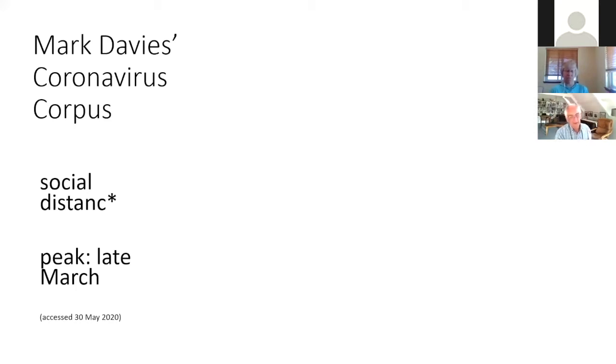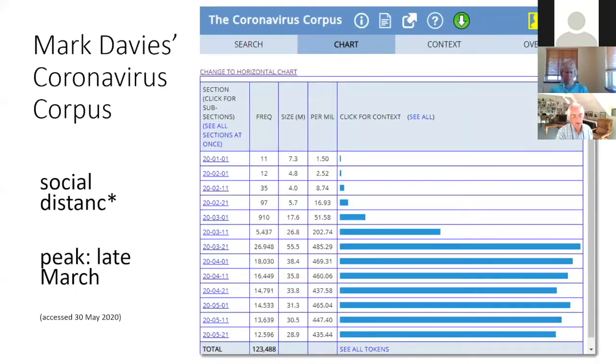And at the end of the presentation, there are some links so that if you want to get a hold of the coronavirus corpus or do work with it, it's pretty similar to what Randy was showing us, other stuff from Mark Davies's site. But here's one for social distance that was created quite recently. And if you look at it, you can see that there was a peak in this expression.